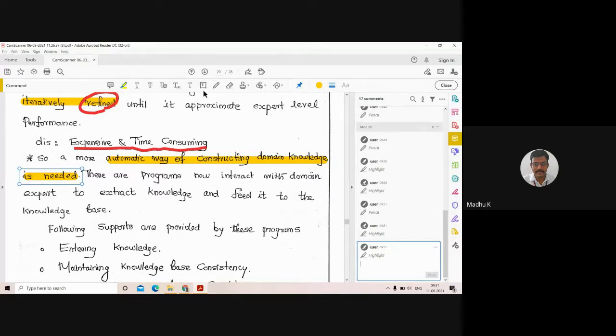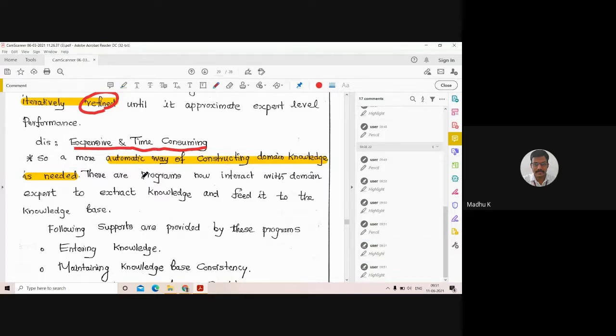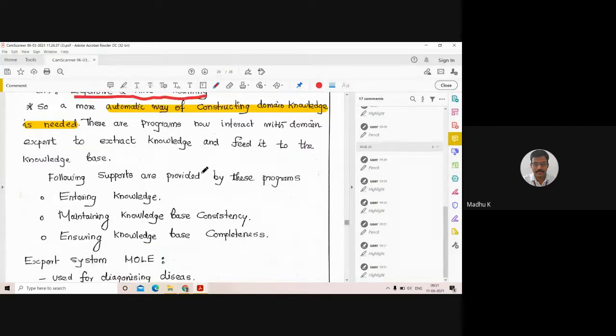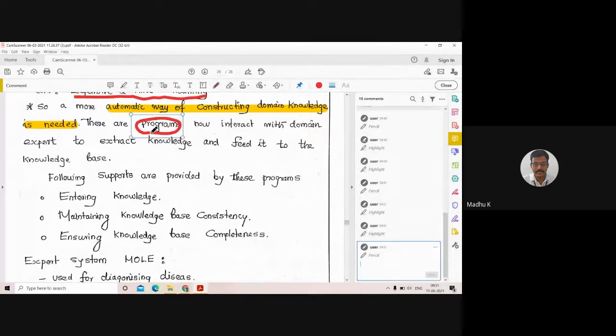There exist some programs that interact with the domain expert to extract knowledge and feed it to the knowledge base. So instead of a human knowledge engineer, we can use a program to interact with the domain expert to extract the knowledge and feed it to the knowledge base.